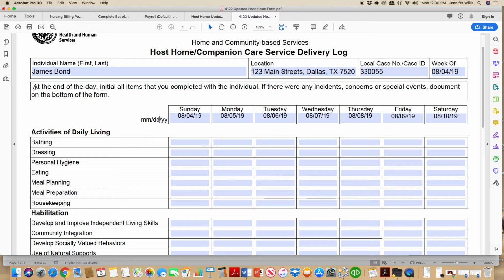Here in the new instructions, it is telling us at the end of the day, initial all of the items that you completed. So what they're asking for now is for you to put your initials here. So if you assisted James with bathing for this week, then you're going to mark it with your initials.